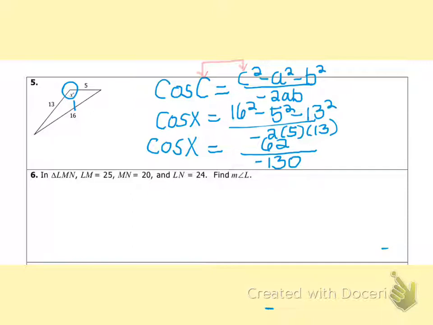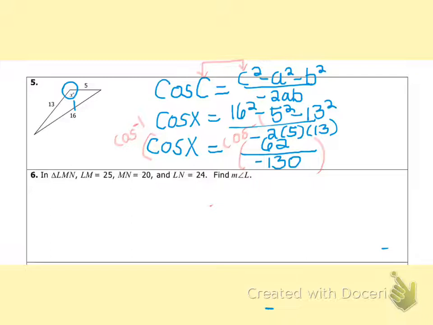And now we're to the point where we can do the inverse cosine of both sides. So we can do the inverse cosine of 62 divided by negative 130, and make sure you put that in parentheses.